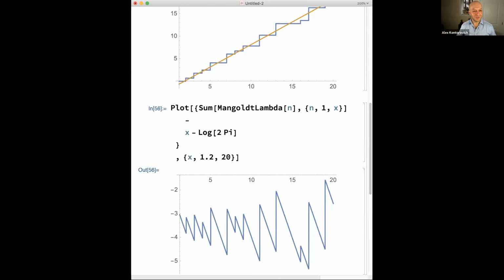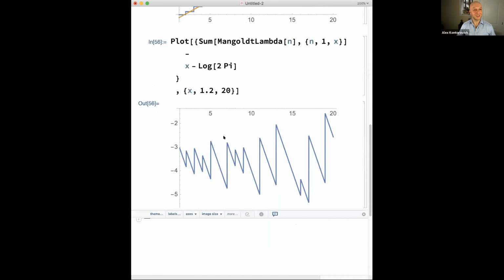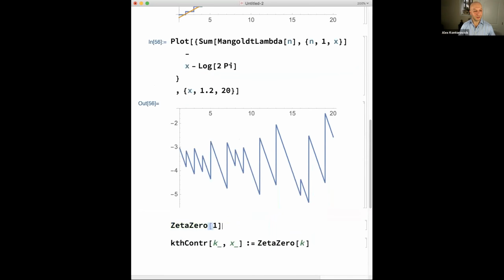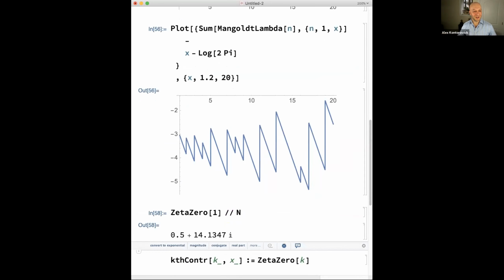Now, I claim, or Riemann claims, that when you start adding, so let's see, the kth contribution of the kth zero in x is to take the kth zeta zero. So zeta zero number 1 has real part 1/2 and has imaginary part 14i.